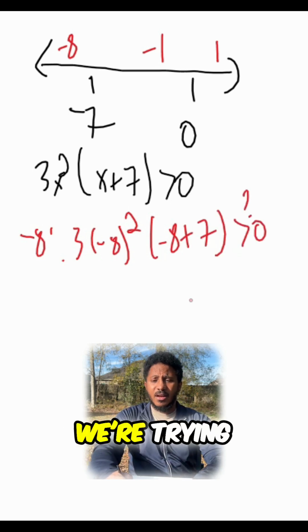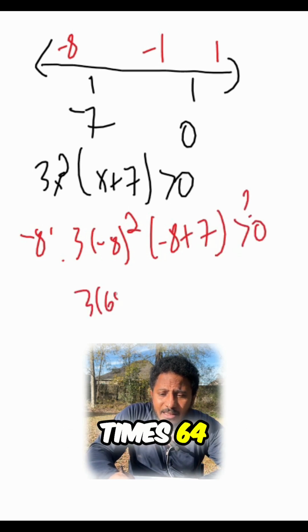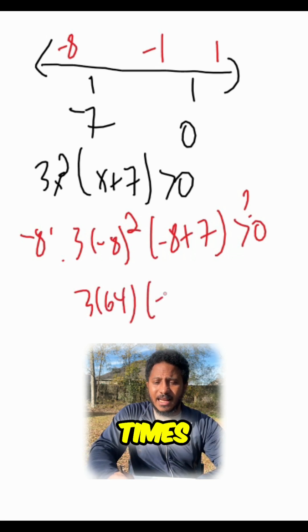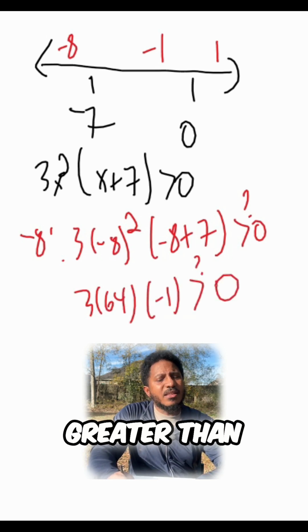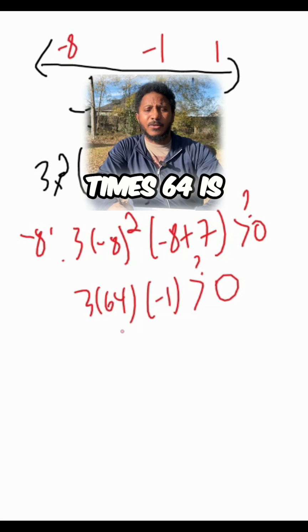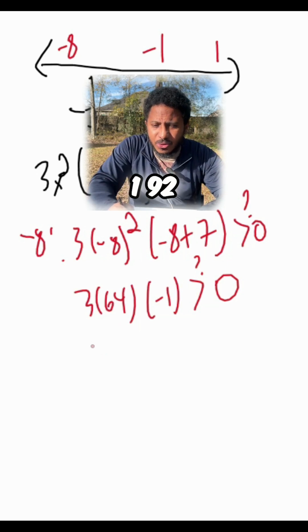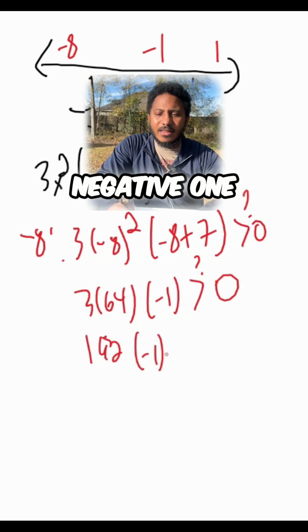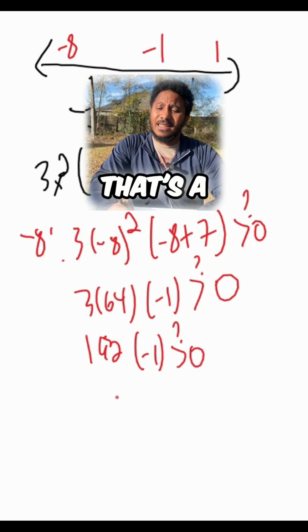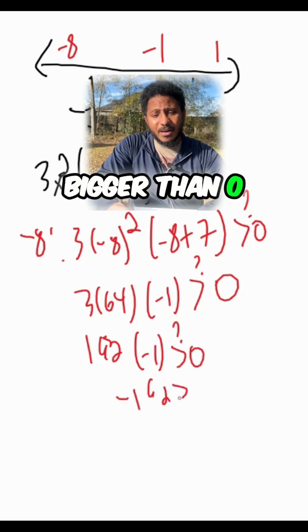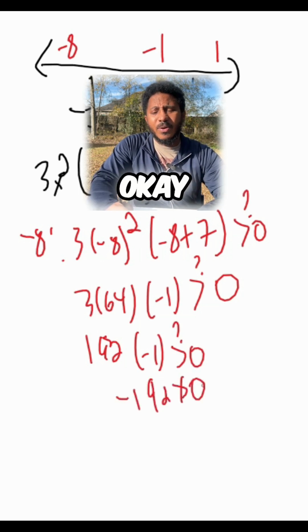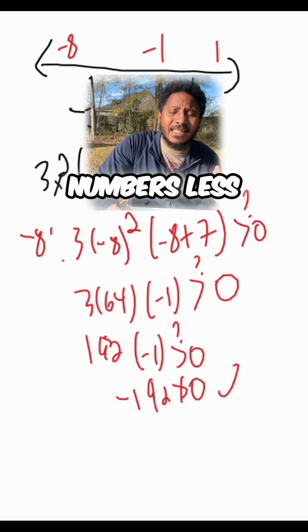That gives me 3 times 64 times negative 1. That's 192 times negative 1, which is negative 192. That's not bigger than 0. So that one doesn't work. Numbers less than negative 7 don't work.